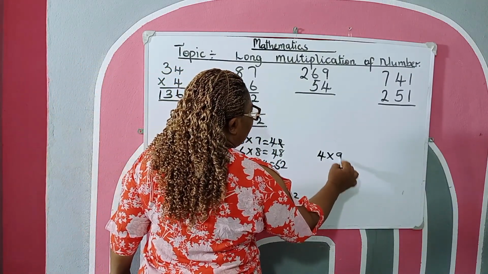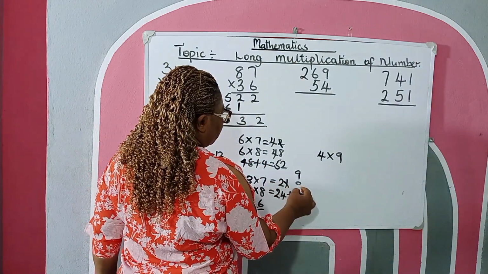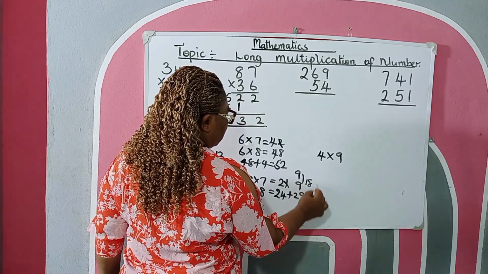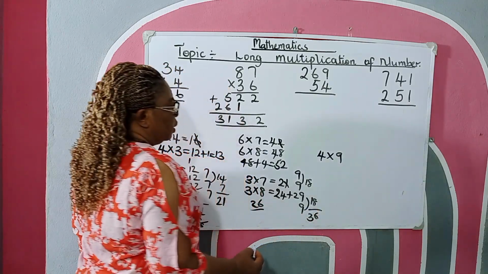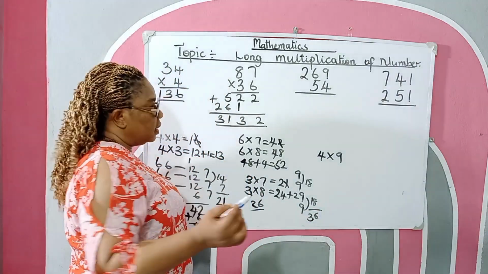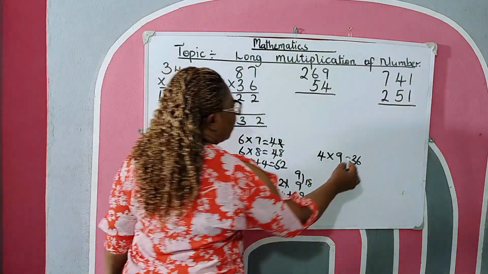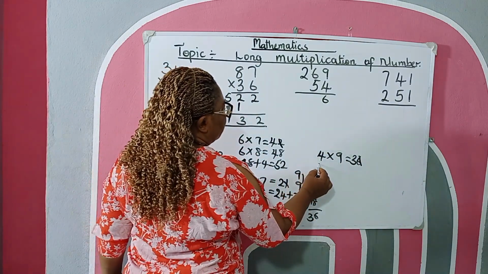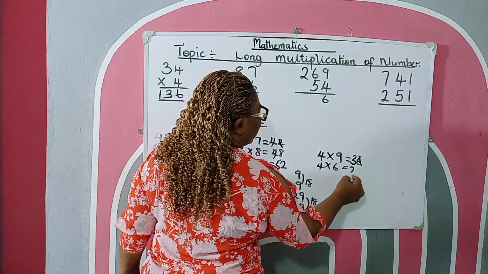4 times 9. Remember, we say 1, 2, 3, 4. 18, 16, 36. So 4 times 9 is giving us what? 36. We write 6. 4 times 6 is giving us 24.